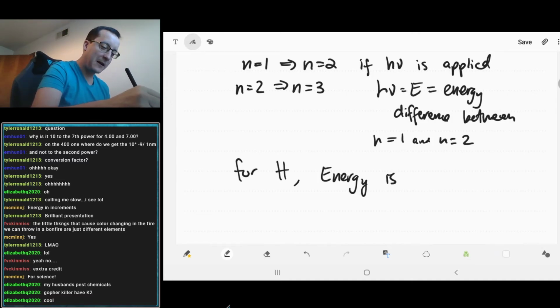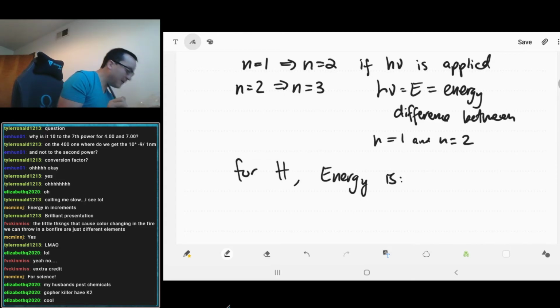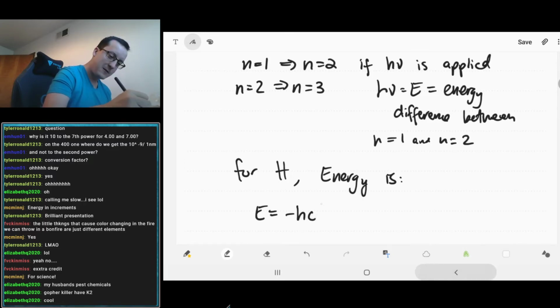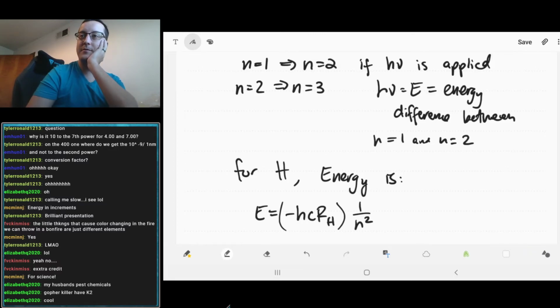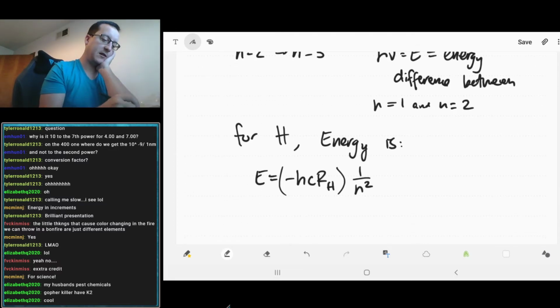So for hydrogen specifically, the energy is equal to negative a whole bunch of constants times 1 over the principal quantum number squared.